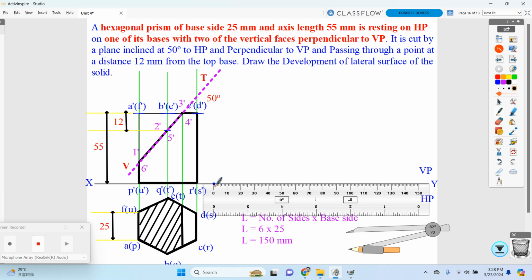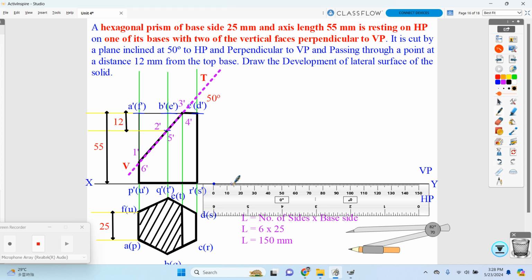Now what is the next distance I want to mark? For this development of the section, what is the next distance? I consider 0 as my first point.